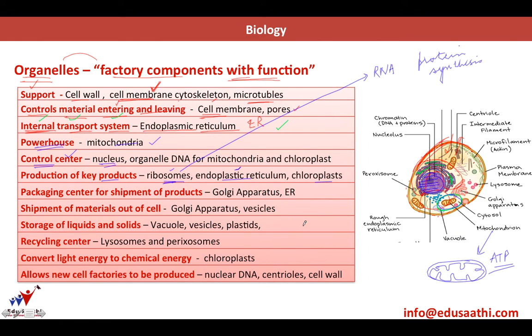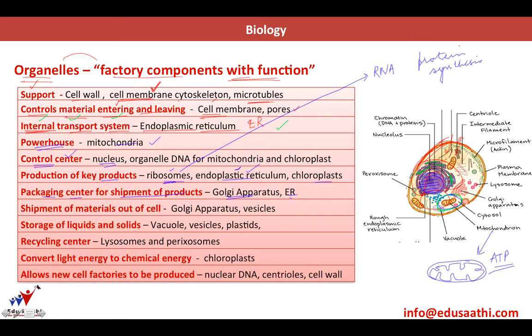Endoplasmic reticulum also helps in transport, and it also helps in synthesizing the key products inside the cell. Okay. Packaging center for shipment of products is Golgi apparatus and endoplasmic reticulum. Now, what is Golgi apparatus? It's basically a group of tubes, vesicles, and vacuoles, and they work for storage, processing, and packaging of material.